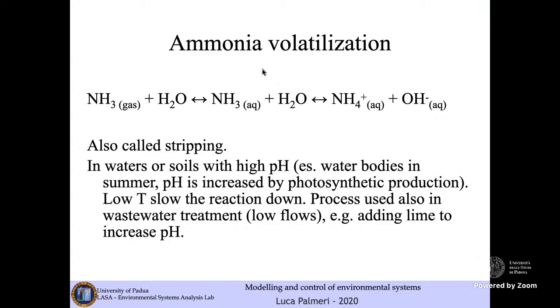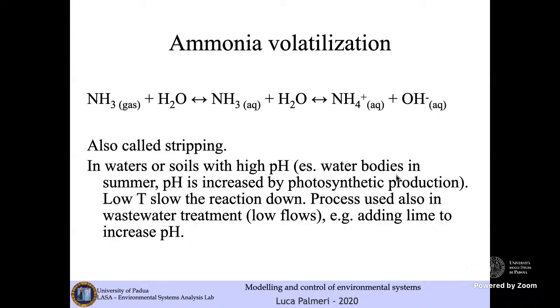So ammonia volatilization is a process in which you have gaseous ammonia dissolved in water transformed into the aqueous form of ammonium plus, the ammonium ion, again in aqueous form.